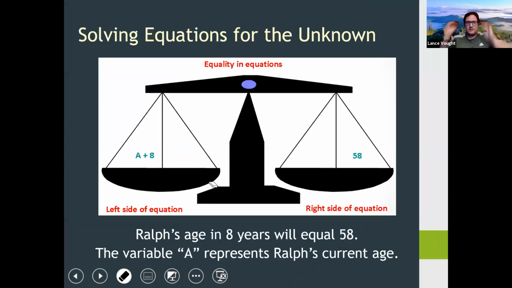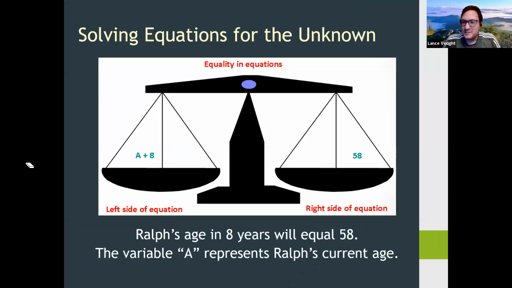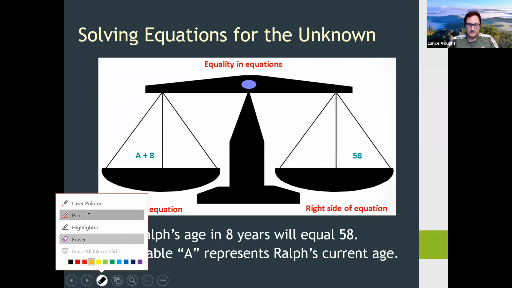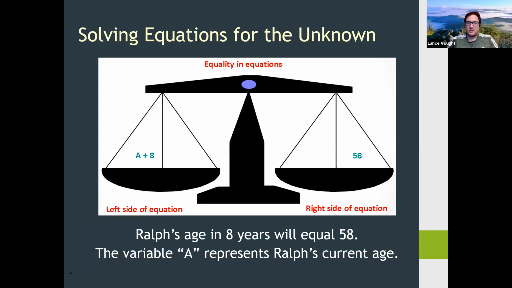Again, I didn't plan this, but here it is, the scales of justice, as I showed before with the balance of the checkbook and stuff. Equations need equality. And this is the mathematical equation expressed from this word problem.